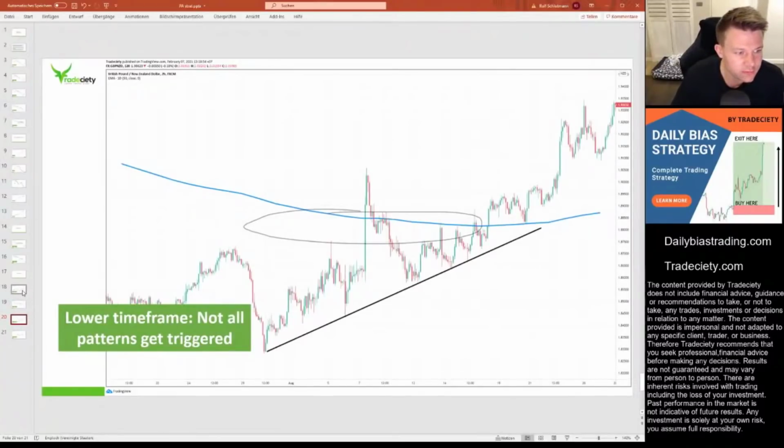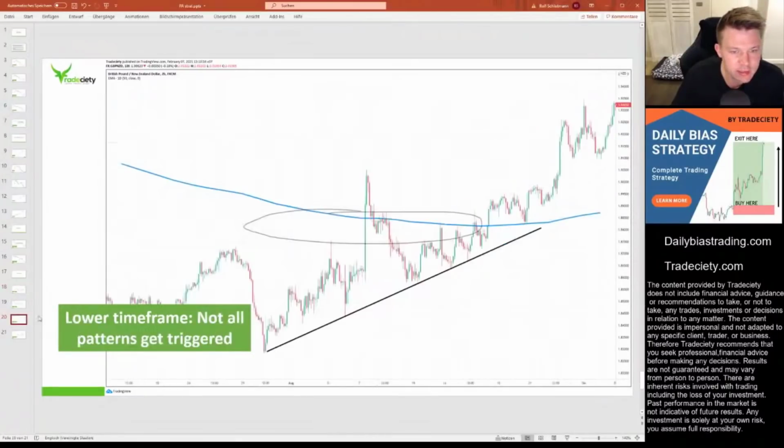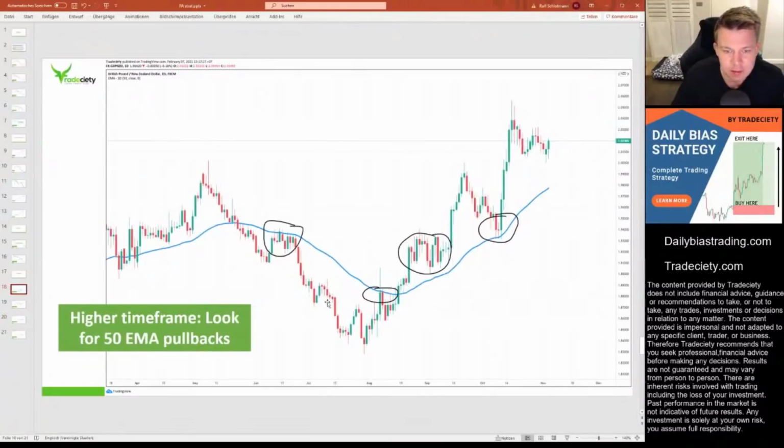Here we have another example. Here we have now the second pullback into the trend direction. You can see here, what do we have? We have not a follow through. We have not a move down into the trend direction.